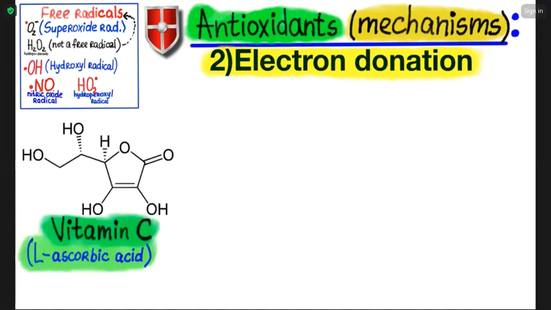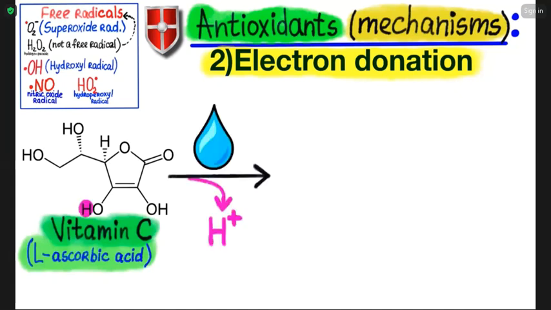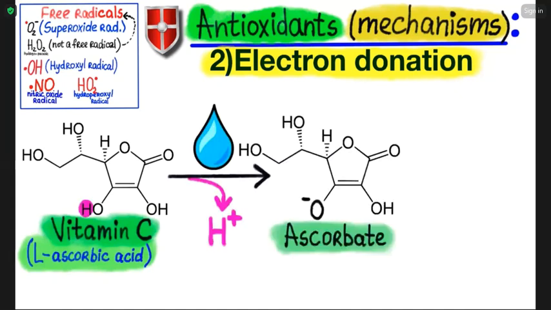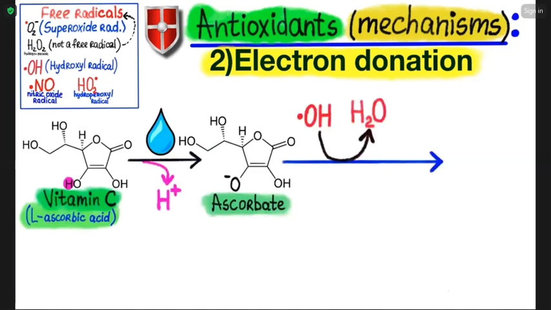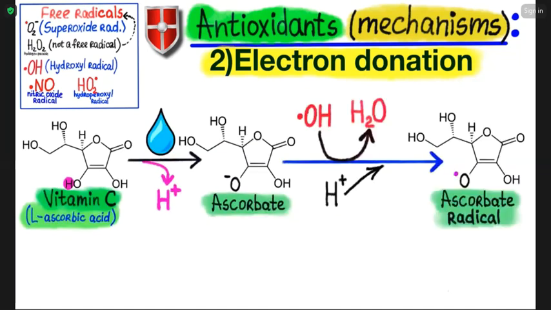Let's use vitamin C as an example. When vitamin C is dissolved in the body's fluids, it loses a hydrogen ion and becomes ascorbate. Ascorbate is the ionized form of ascorbic acid, and it carries a negative charge. Ascorbate can donate an electron to a free radical, becoming an ascorbate radical. The new radical is more stable and less reactive than the original free radical.